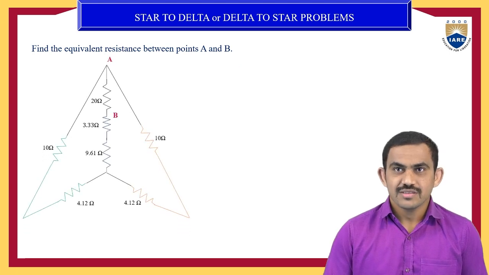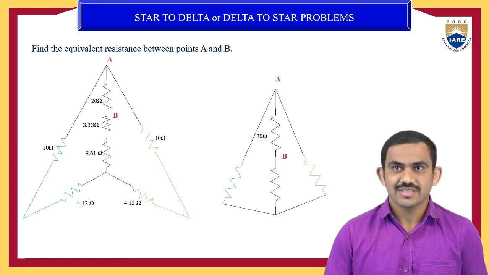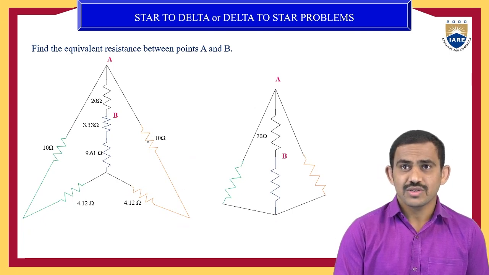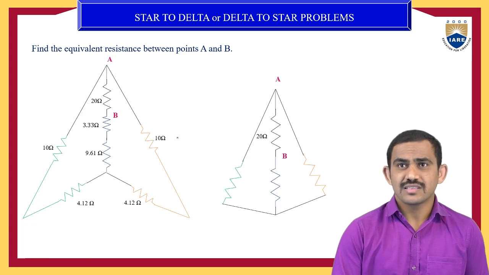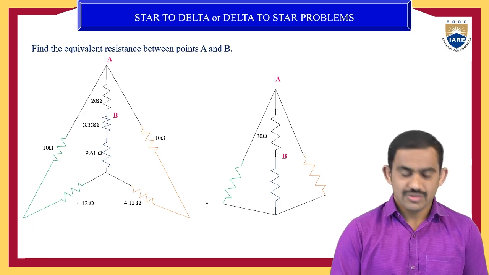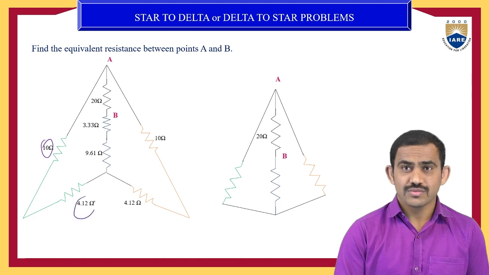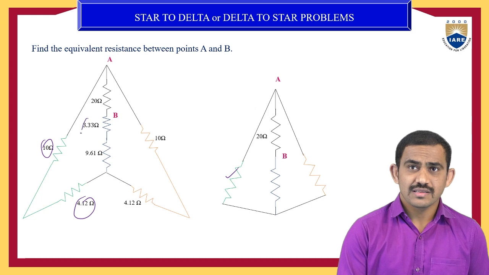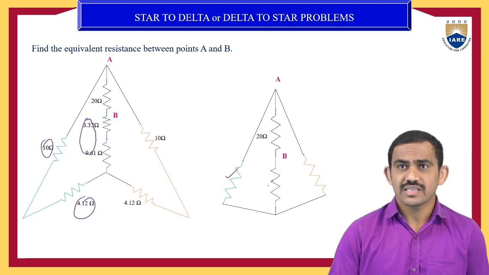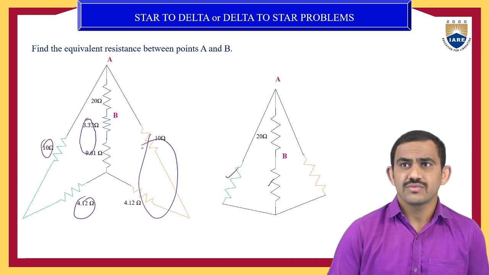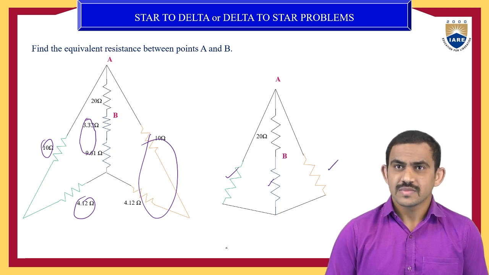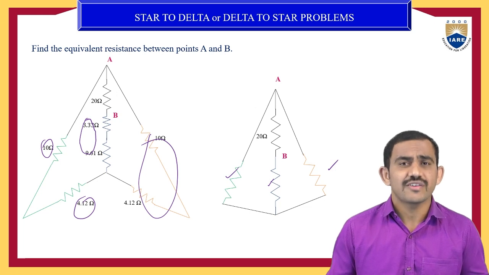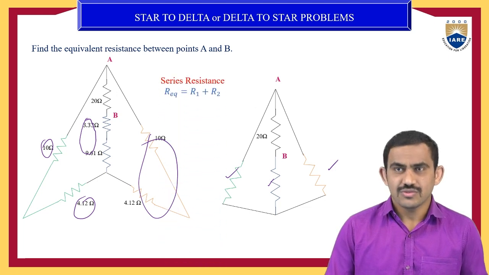So this is your circuit. Now converted to this circuit. So these 2 resistors converted to 1 resistor, these 2 resistors converted to 1 resistor, and these 2 resistors converted to 1 resistor. So 10 and 4.12 converted to 1 resistor. Again, these 2 converted to 1 resistor, these 2 converted to 1 resistor. For series, do we have any formula? Yes, for series we have the formula R equivalent equal to R1 plus R2.